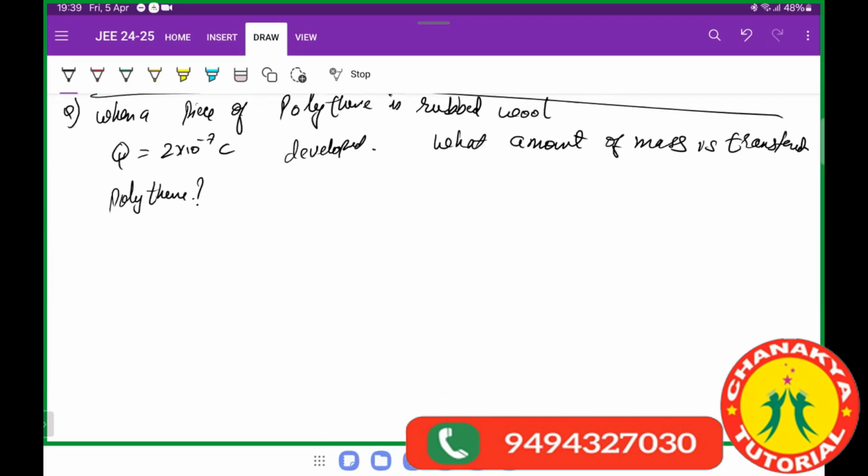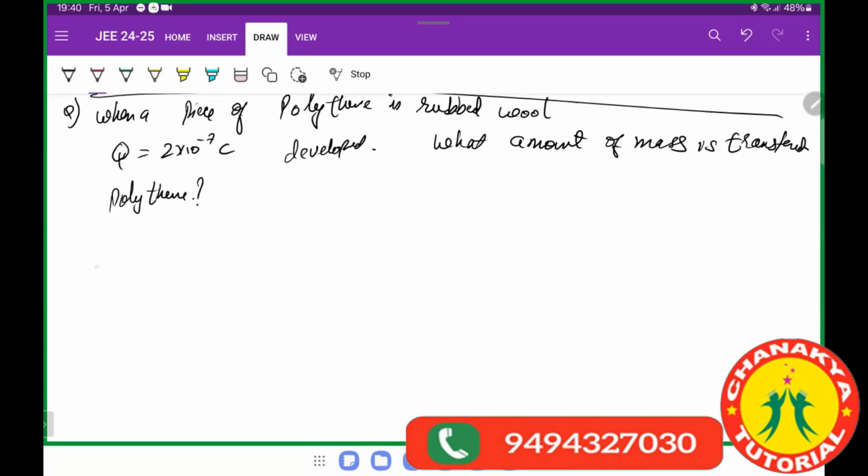Should we multiply the mass of the electron with the charge to find the mass transferred? Mass of electron is 9.1 into 10 to the power minus 31. Not divide, so let's solve.